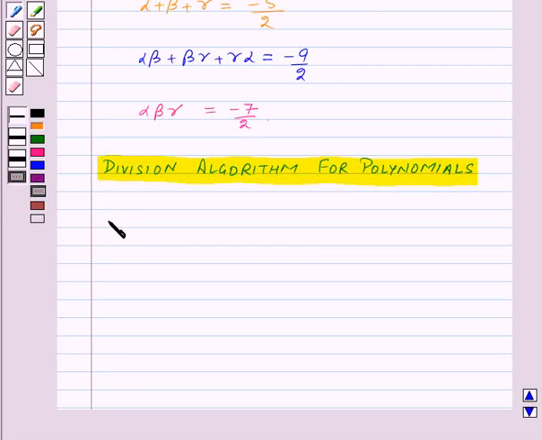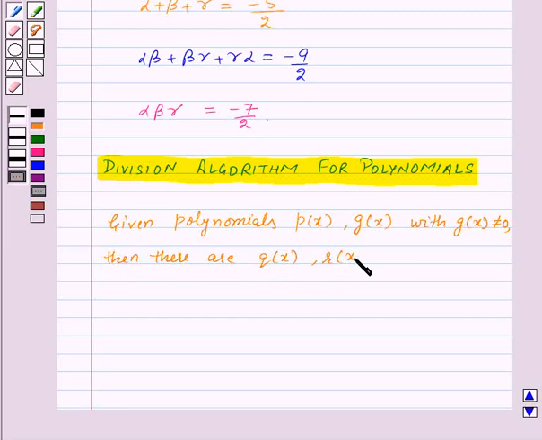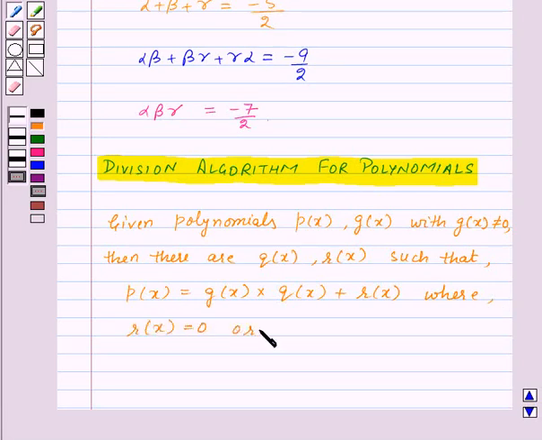Division algorithm states that if we are given polynomials p of x and g of x with g of x not equal to 0, then there are two polynomials q of x and r of x such that p of x is equal to g of x into q of x plus r of x, where r of x is equal to 0 or degree of r of x is less than degree of g of x.